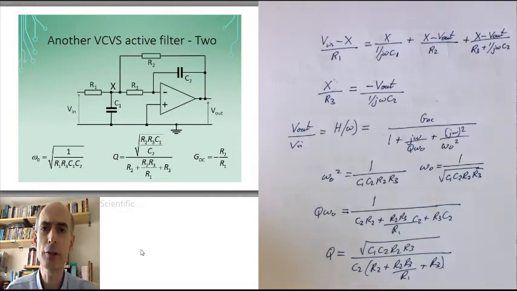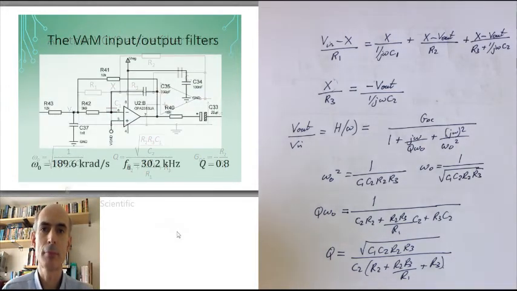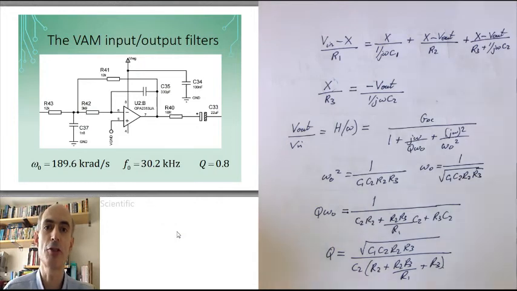To design a practical filter, though, we've also got to take account of the fact that capacitors only tend to come in E6 series values. So we end up simulating this in any case to make sure that the circuit that we can build with available components has an acceptable performance in our application. This is a real example of such a filter taken from a Texas Instruments application sheet.